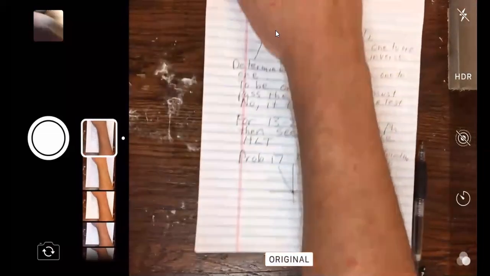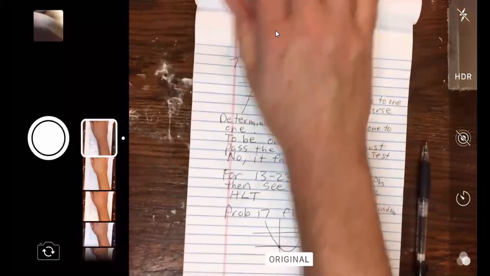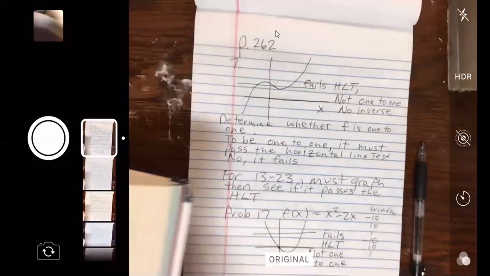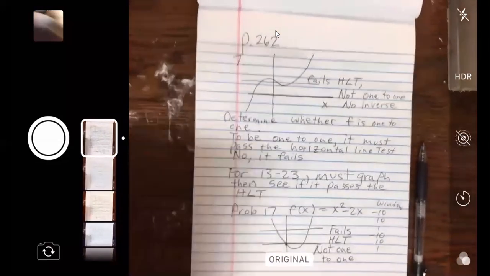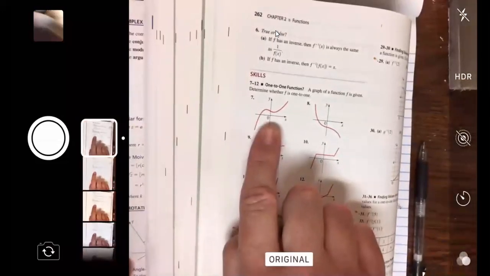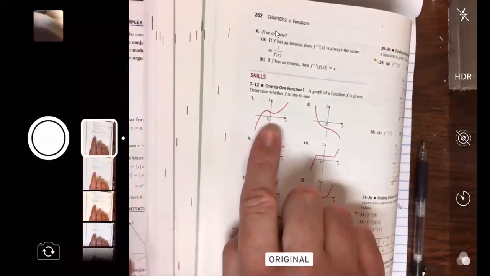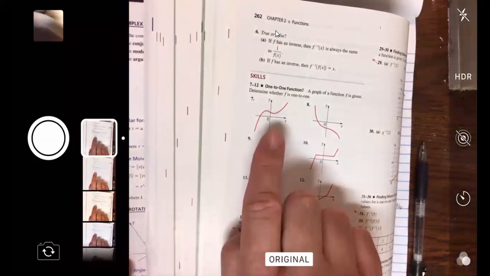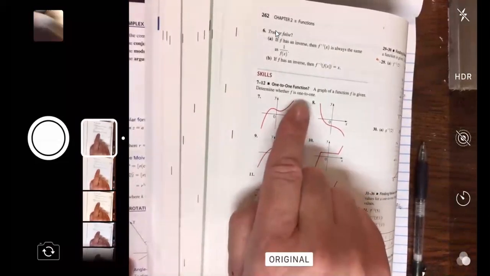So very first one, number 7 off page 262. I'll point it out. It's basically right here. They just give you a graph, you determine if you're one-to-one. And again, one-to-one means it passes a horizontal line test.